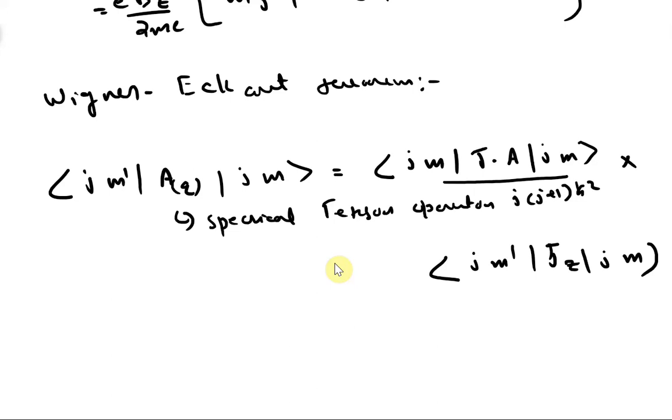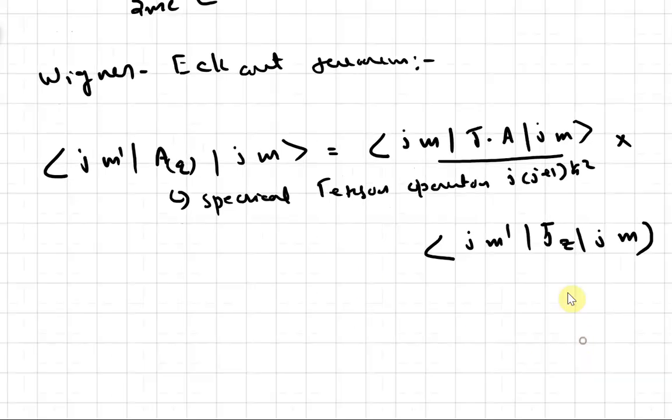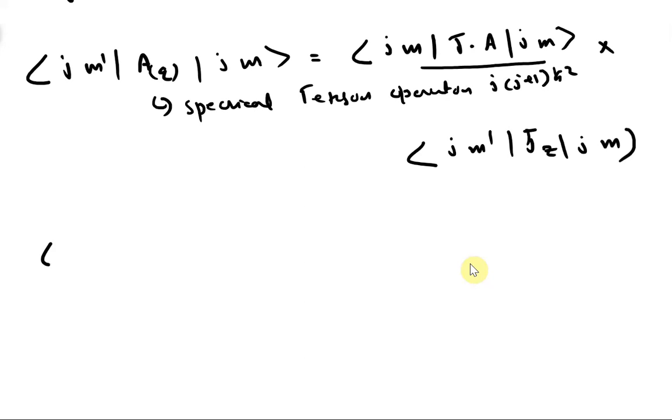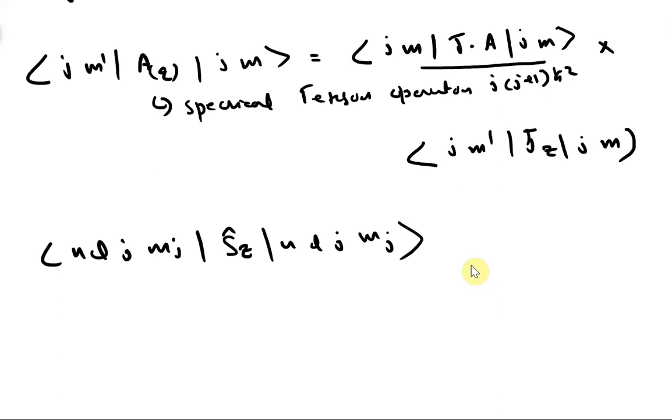So this is a way of investigating it. Now in our case of spin, our basis we will write in our own way, |n l j m_j>, and S_z is the operator that we have to find on |n l j m_j>. We are just finding the matrix element, but only when m_j is the same.